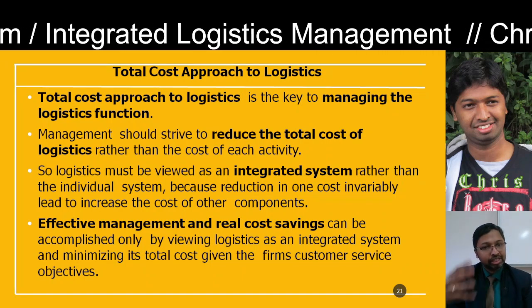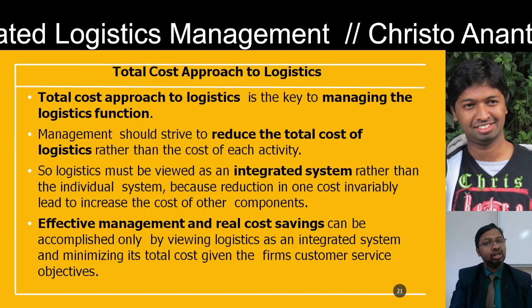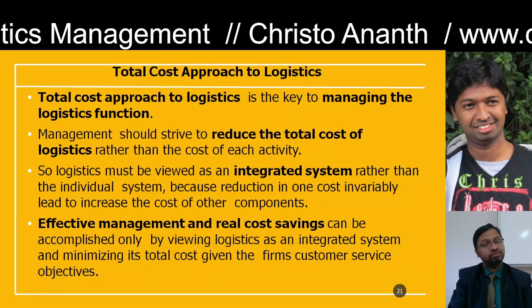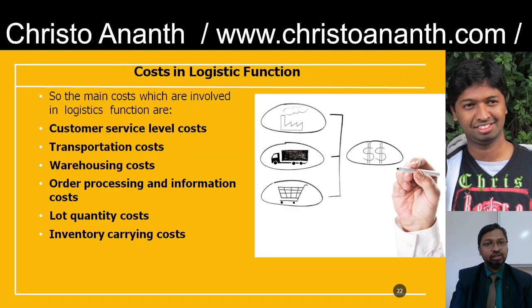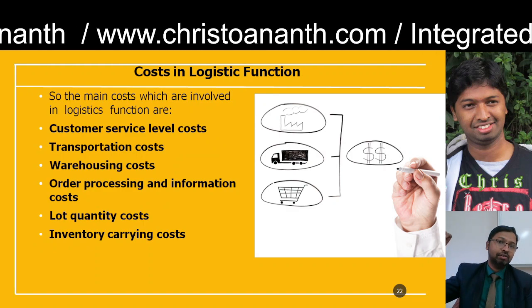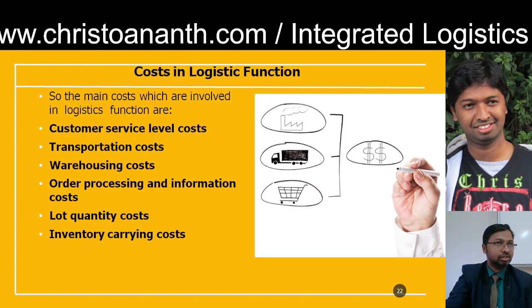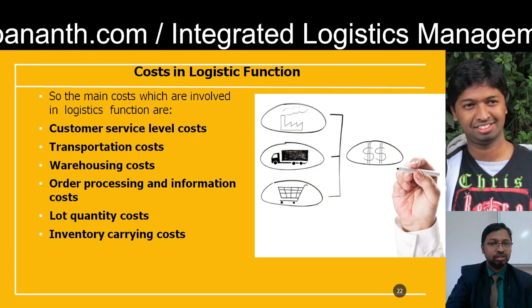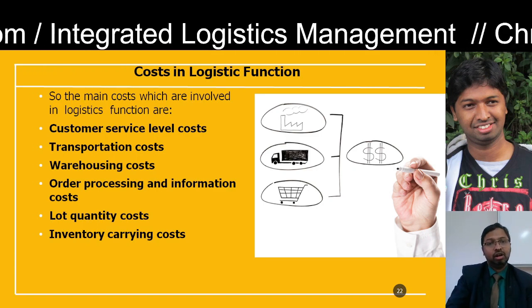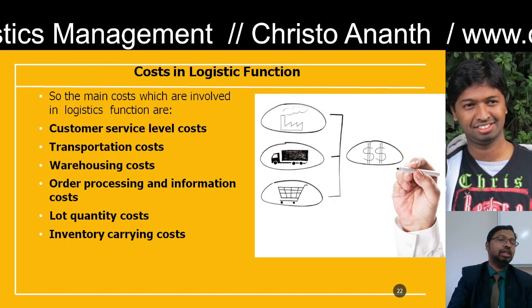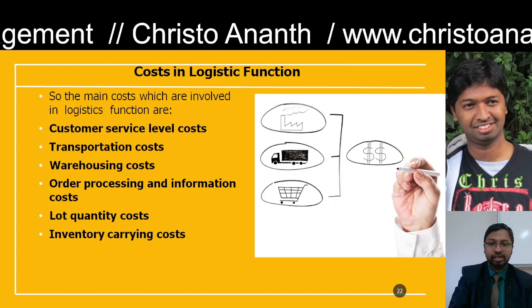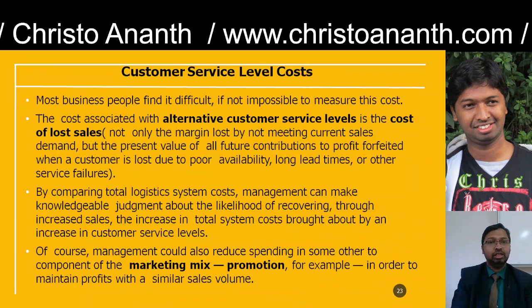When it is integrated, you can minimize the cost associated with the firm's customer service. These are the costs involved in the logistics function: customer service level cost, transportation cost, warehousing cost, order processing and information cost, lot quantity cost, and finally inventory carrying cost. We will try to understand each of them.